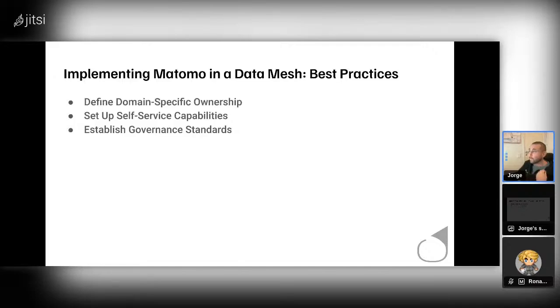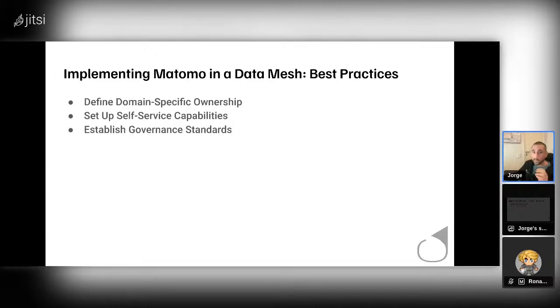So how do you use this in practice? To align Matomo with data mesh, the first step is to assign a clear data ownership within the platform. Each department or business unit, such as marketing, sales, or customer service, should have designated ownership of their analytics data.